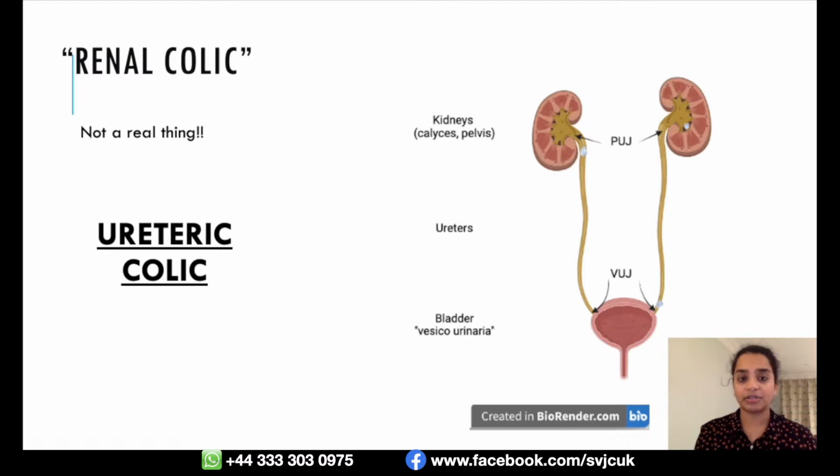So the 2 ureteric stones, the PUJ stone and the VUJ stone, are the ones that would be causing ureteric colic. The one in the kidney, however, whilst it could be associated with infection, is unlikely to cause colicky pain, as it is sitting within a large space and not causing obstruction.